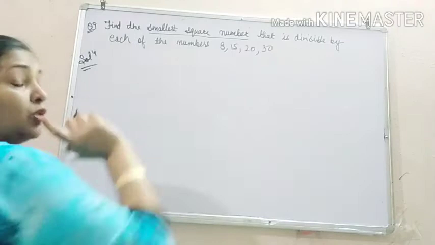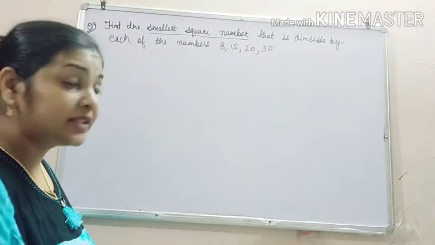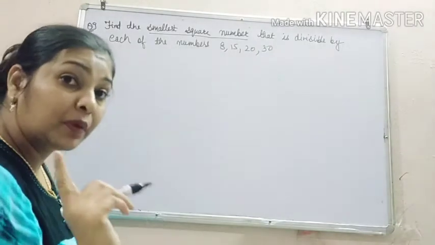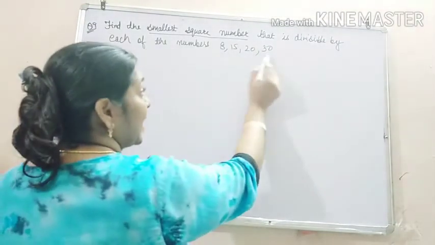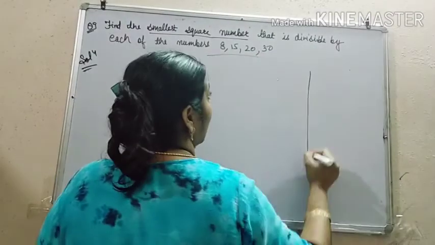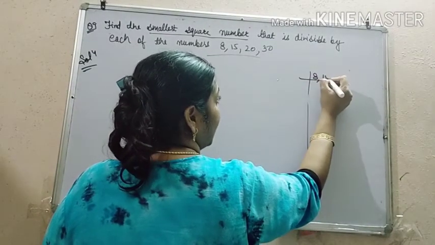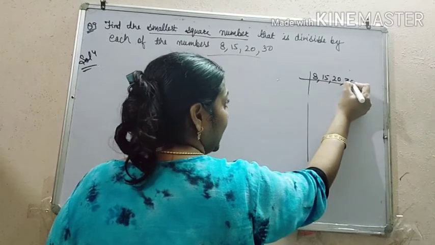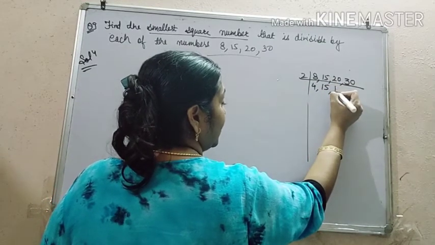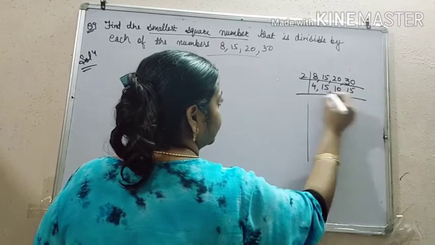Smallest number means least common multiple of these numbers, because multiple is always divisible by the factors. So first of all we will find out LCM of 8, 15, 20 and 30. Find it out quickly. You can do along with me.